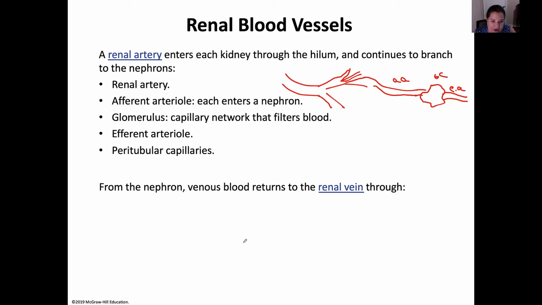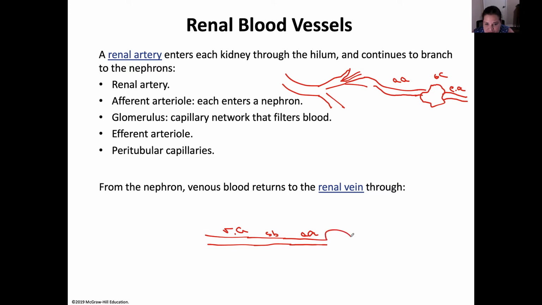So we go from the renal artery to smaller blood vessels. And then at some point, those are going to become the afferent arteriole.